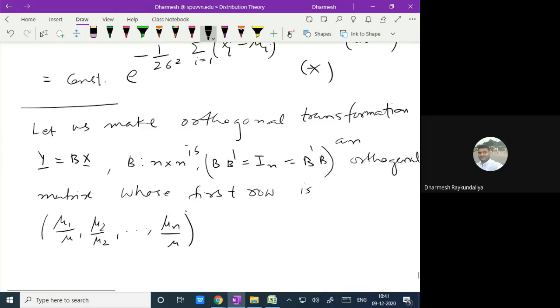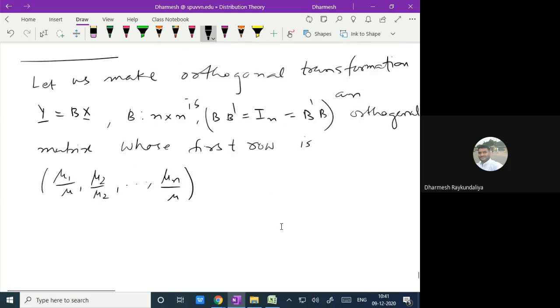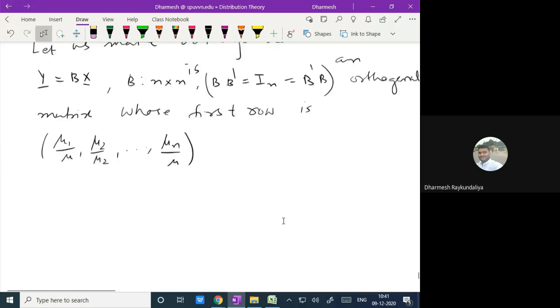When it is an orthogonal matrix, as I said, a complete orthogonal matrix is orthogonal by row. Its rows are orthogonal as well as its columns. So when you multiply a row with itself, it gives a unit value.